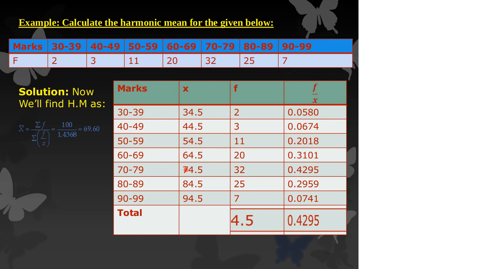Then we have 70 plus 79 divided by 2. Then we have 80 plus 89 divided by 2.